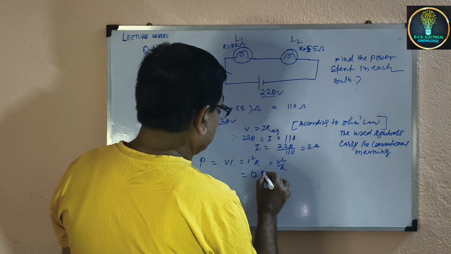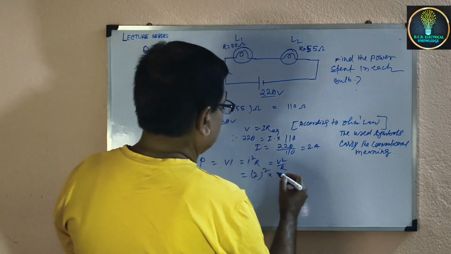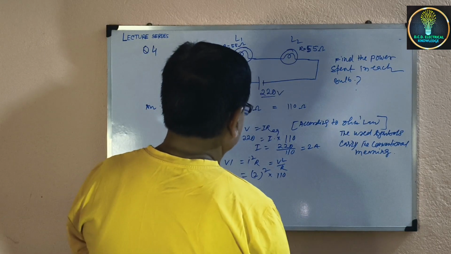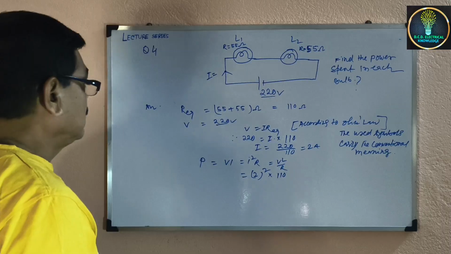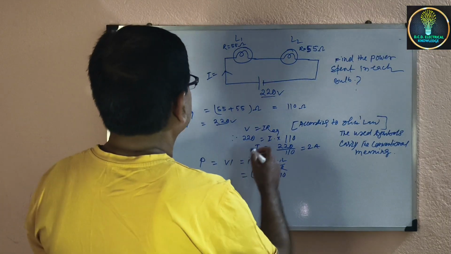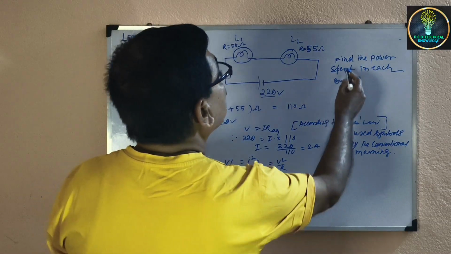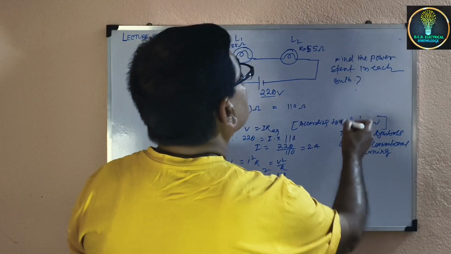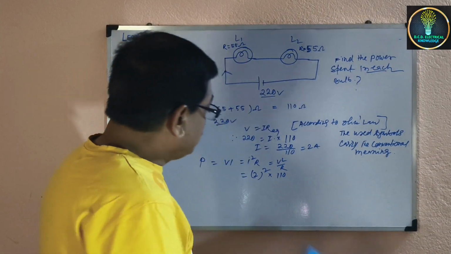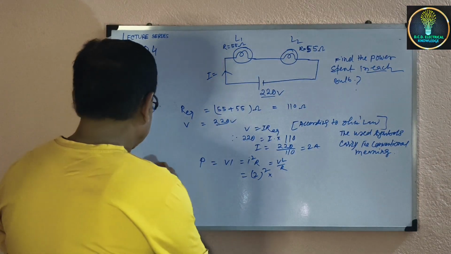So 2 square multiplied by 110, I square R. But according to the question, for each lamp, this value of resistance should be 55.